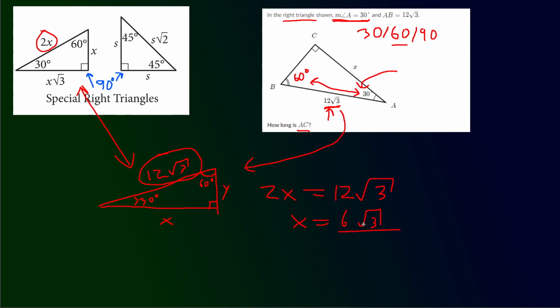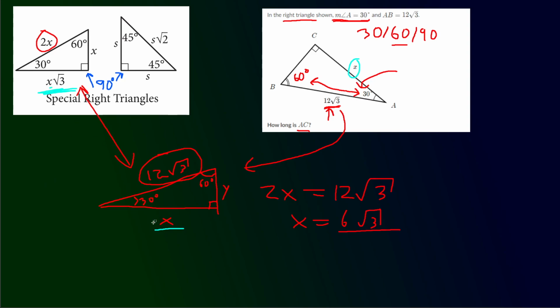We got x is 6 root 3, but I made a mistake because this is really important. They called this x, and so I wrote x here. But in our picture, there's also an x here. So this x is not the same as that x. Does that make sense? These x's are not the same.